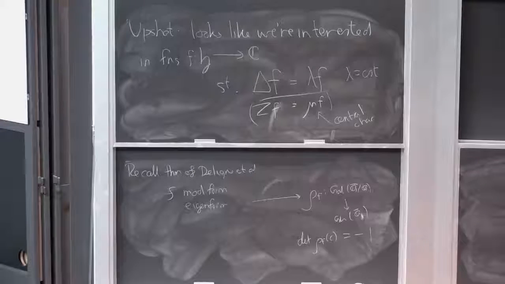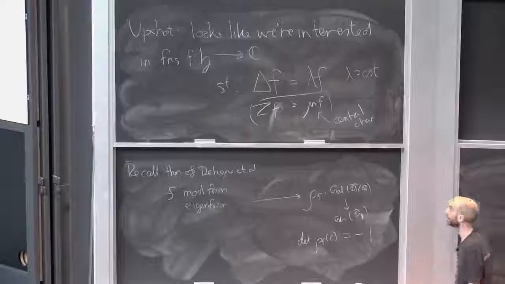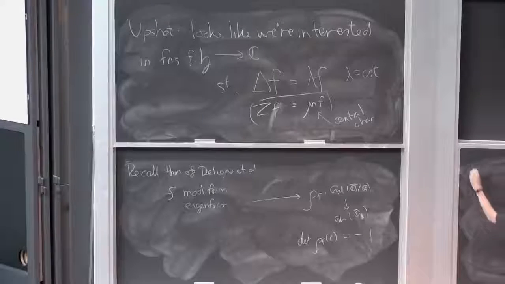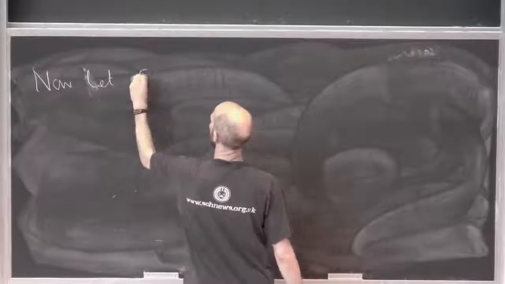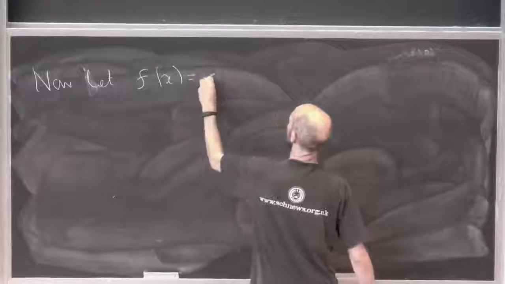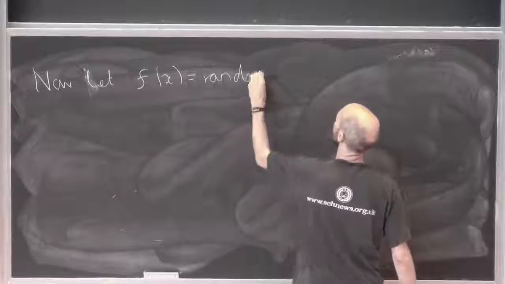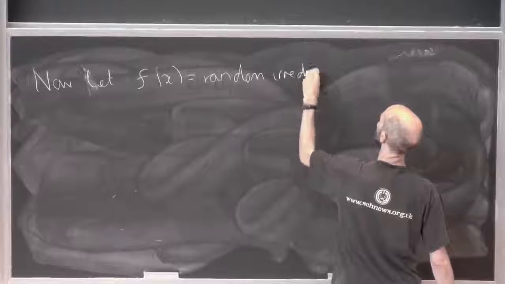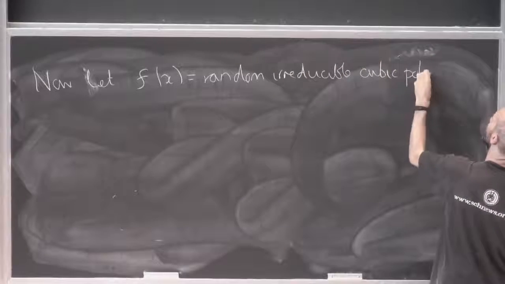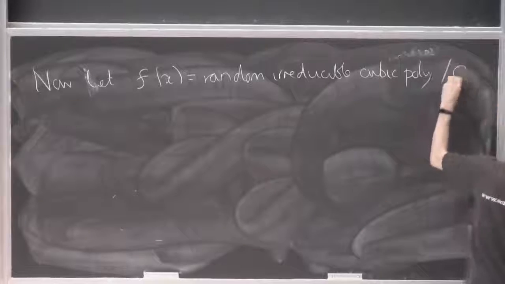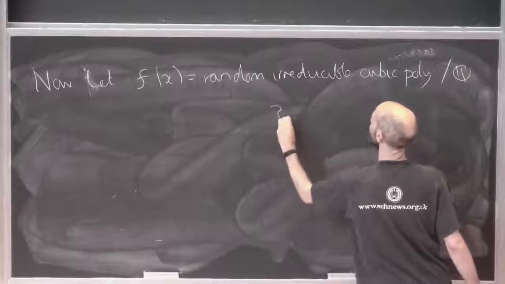But I can think of loads of compatible systems of Galois representations that don't have this property. Okay, so now let f of x be some random irreducible cubic polynomial, irreducible over Q with 3 real roots.